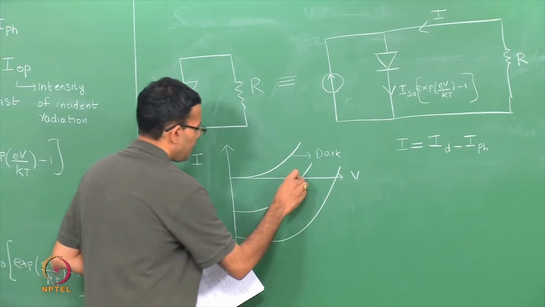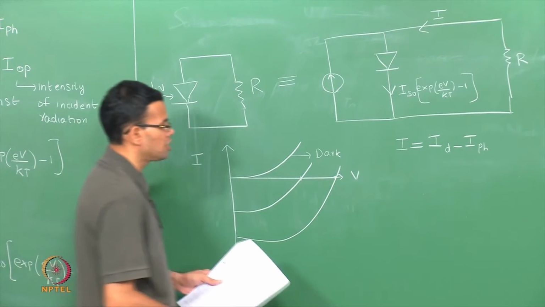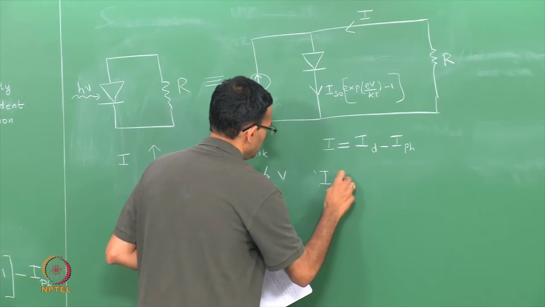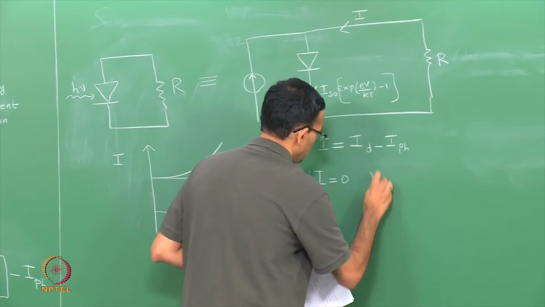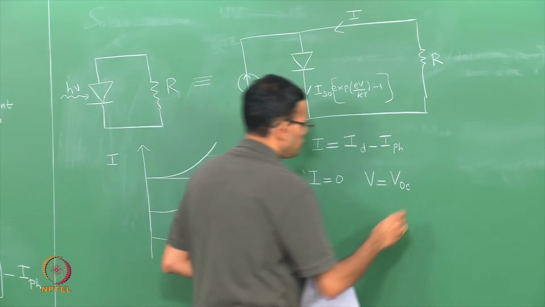So, in this particular case, we can calculate the voltage at which current is 0. So, when current I is equal to 0, the voltage is called your open circuit voltage.